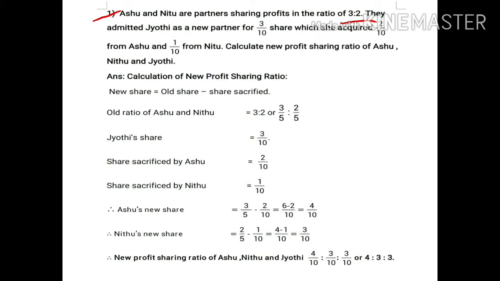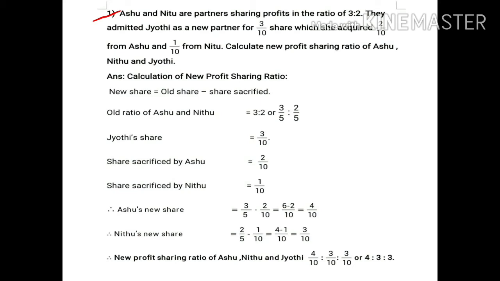They admitted Jyoti as a new partner for 3/10 share, which she acquired 2/10 from Ashu and 1/10 from Neetu. Calculate the profit sharing ratio of Ashu, Neetu and Jyoti. So we have to see the problem carefully.